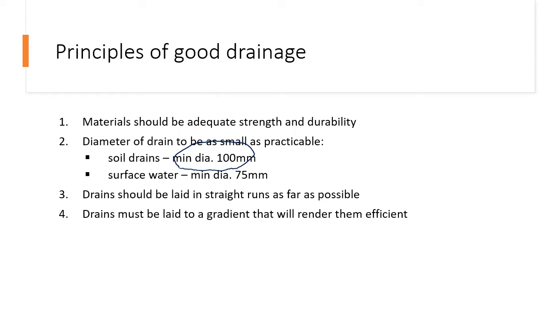For surface water, should not be less than 75 mm diameter. Drain should be laid in straight run as far as possible supaya laluan tu boleh berjalan lancar, tak ada bengkak-bengkok. And drain must be laid to a gradient that will render them efficient. Bila turun ke bawah tu ada gradient yang bersesuaian ya.